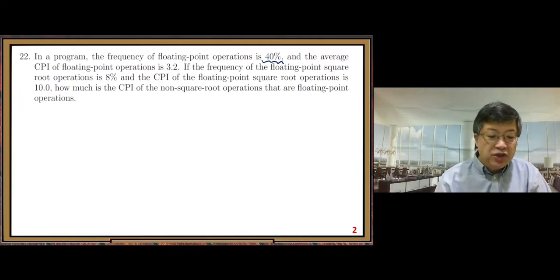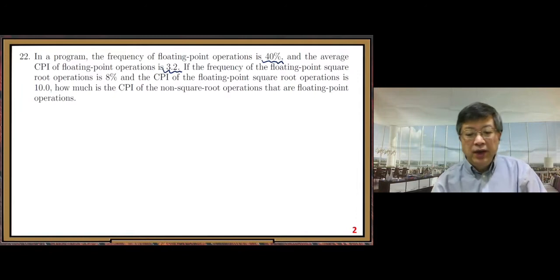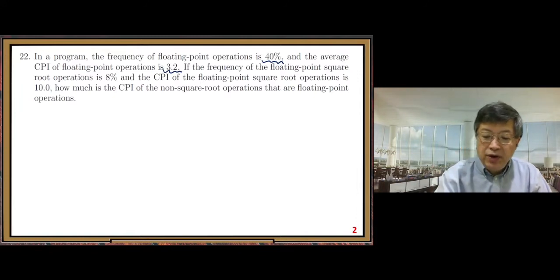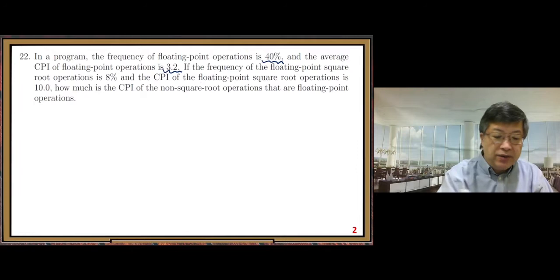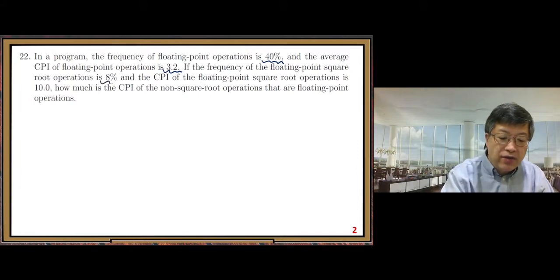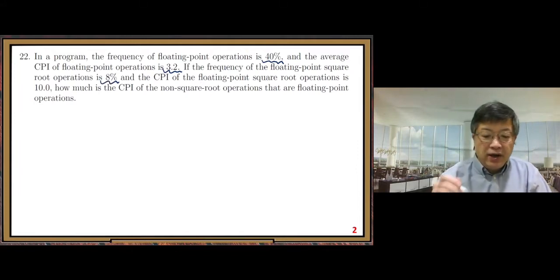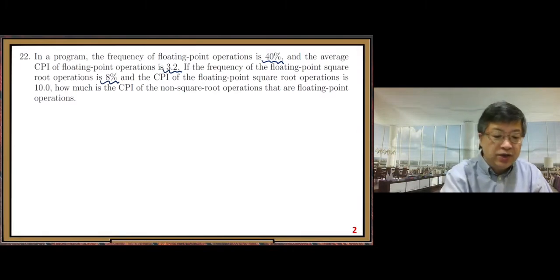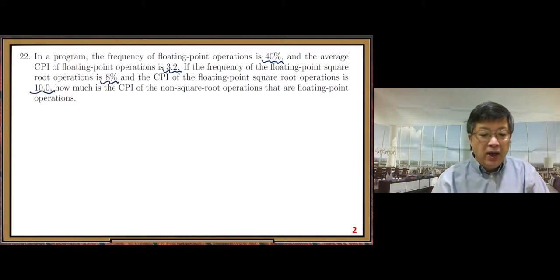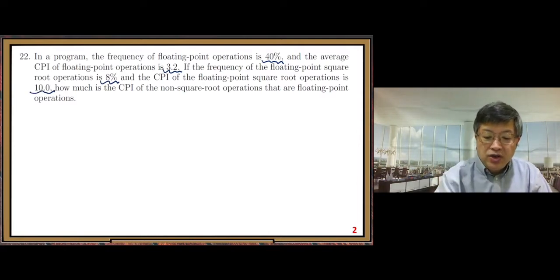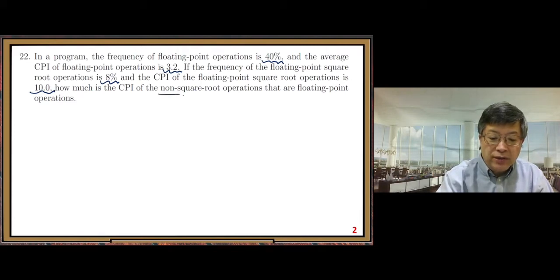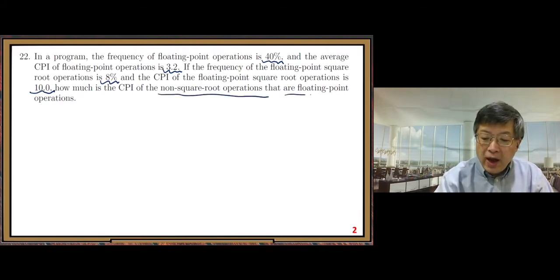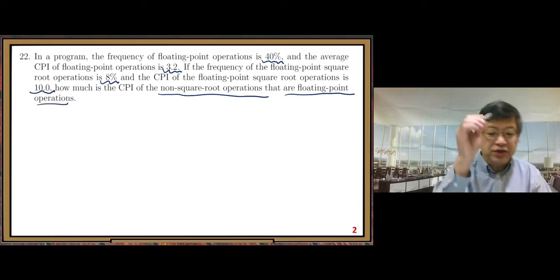And the average CPI of floating point is 3.2. If the frequency of the floating point square root operation is 8%, and the CPI of the floating point square root operations is 10, how much is the CPI of the non-square root operations that are floating point operations?